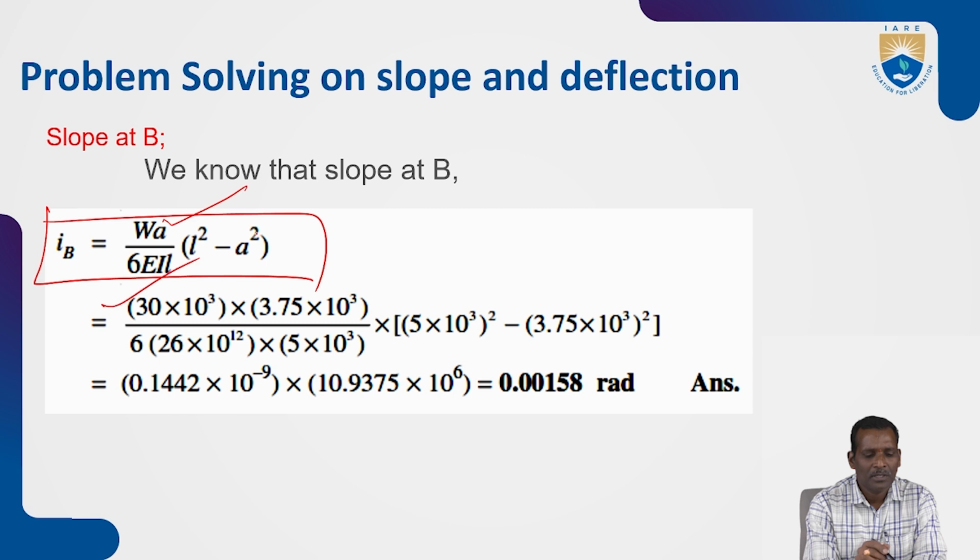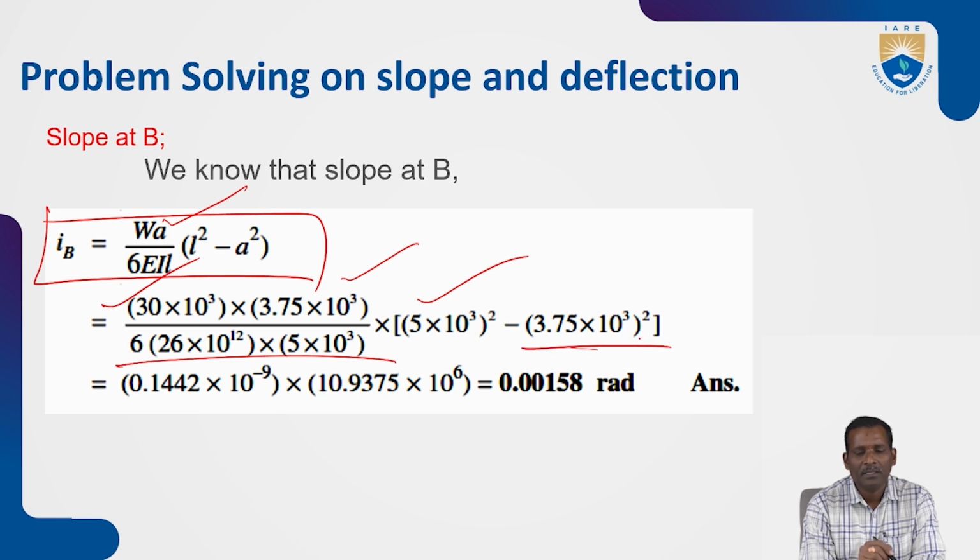Now substitute 30 into 10 cube into A, the value is 3.75 into 10 cube, divided by 6 EI, 26 into 10 to the power 12, into 5 into 10 cube, which is the length.